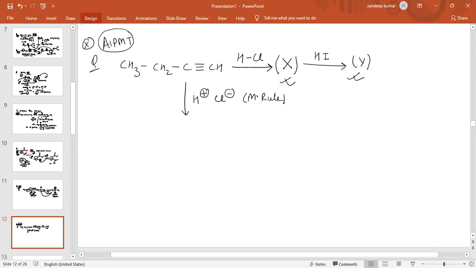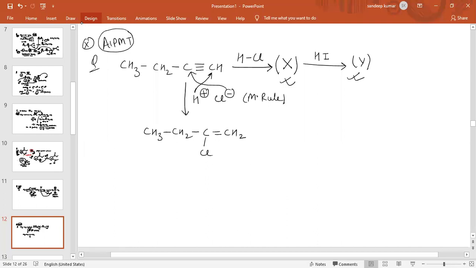As we know, the positive part will go with the carbon atom having more hydrogen, and the negative part will go with the carbon containing less hydrogen. So after the attack of HCl, the product obtained is CH3, CH2, C, Cl, double bond CH2. So this is the product obtained.